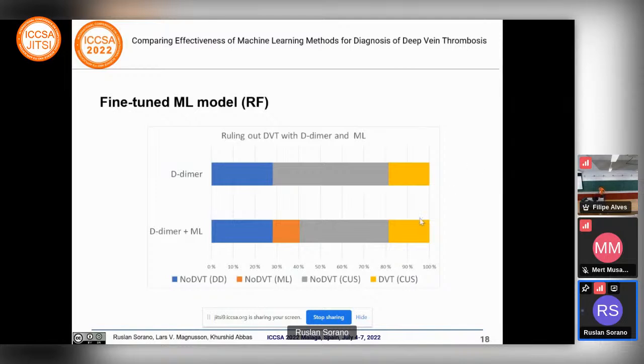So our proposed method was to use the so-called hybrid method. We use D-dimer to cut off the 100% negative patients, and then we apply a machine learning model, which was a fine-tuned random forest model, which helps us eliminate even more patients from invasive or costly examination.